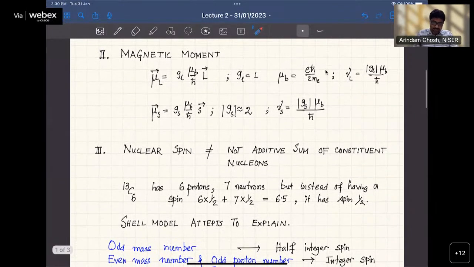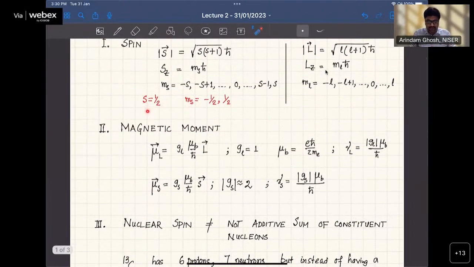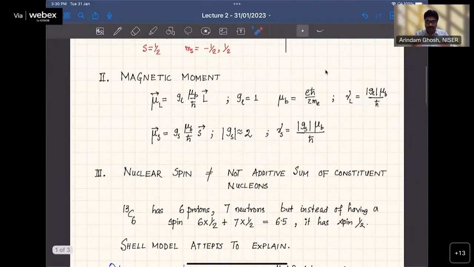And then we came to nuclear spin. A nice feature is that any nucleus is composed of nucleons, a number of protons and a number of neutrons, and all of them are spin half particles. That means for them the value of S is half, just like the electron. But when they are together, the collective spin of the nucleus is not the additive sum of the constituents.